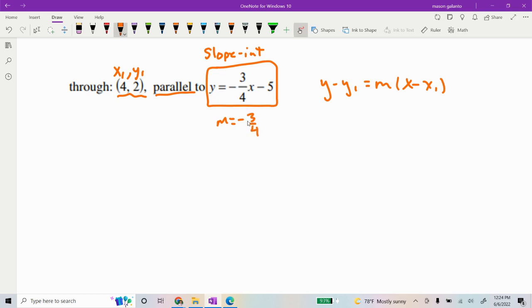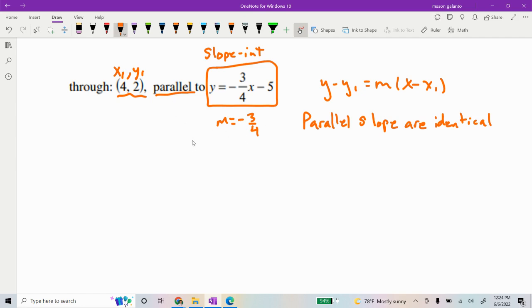We are looking for a slope that is parallel to this line. Parallel slopes are identical. So the slope of our new line also has to be negative 3/4. We will go through parallel and perpendicular slopes and lines in another episode, but this is parallel.